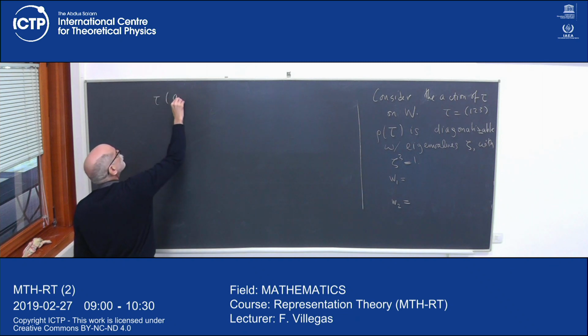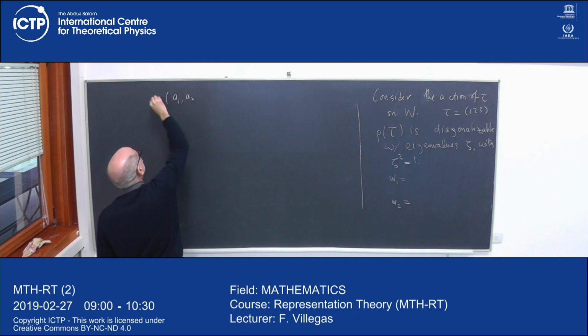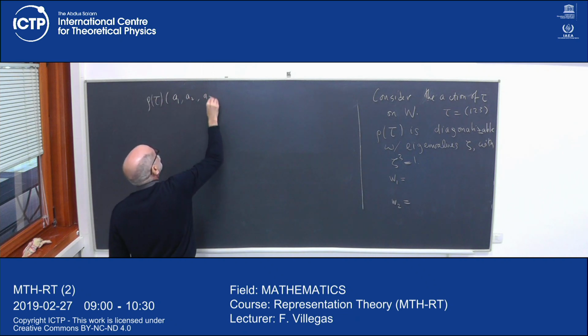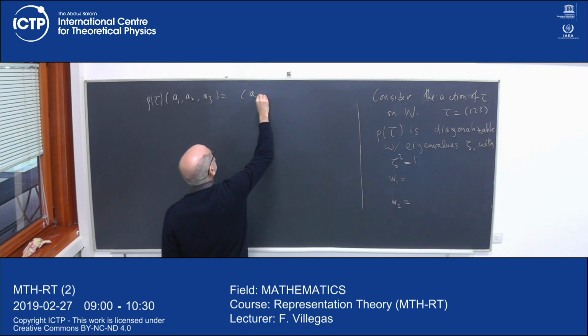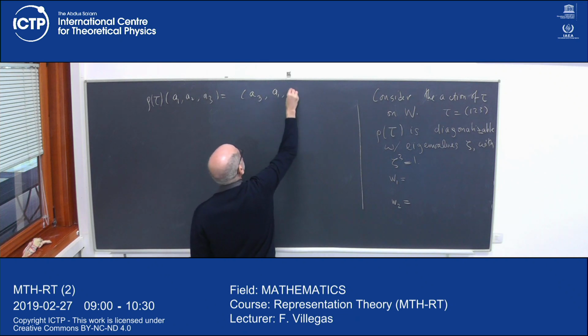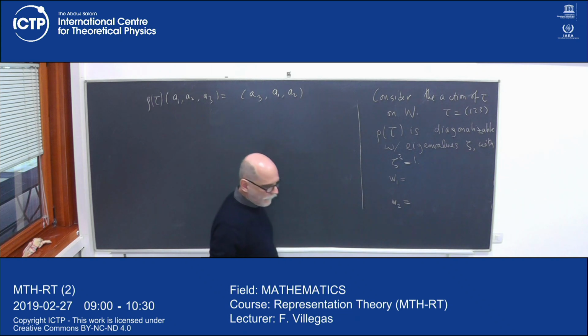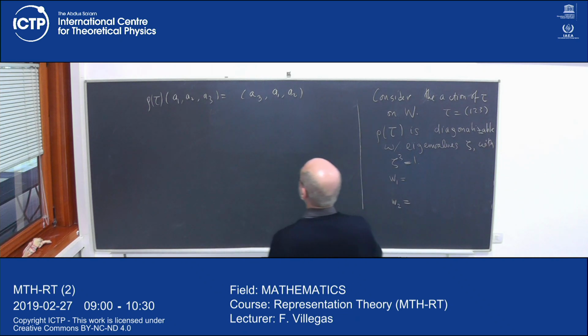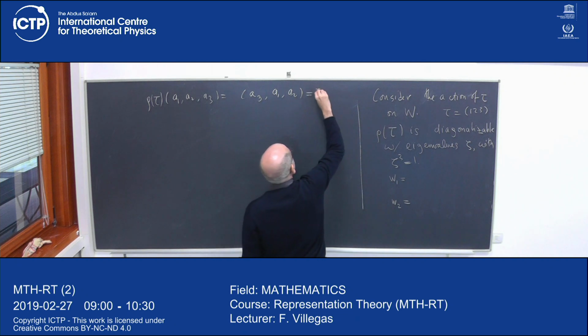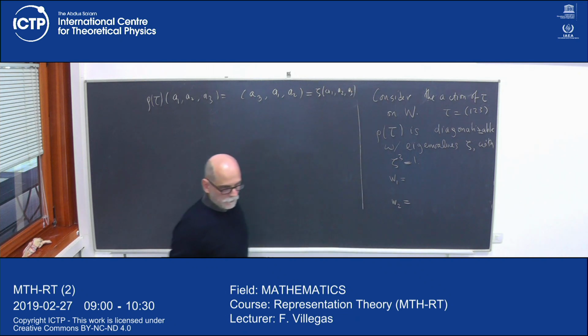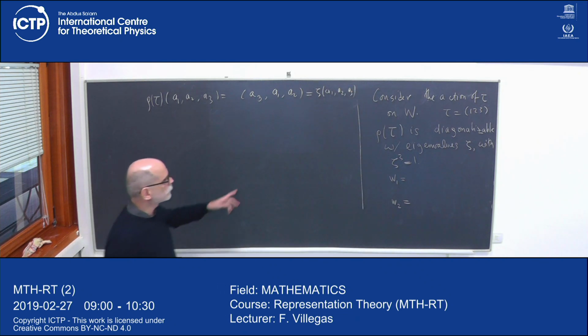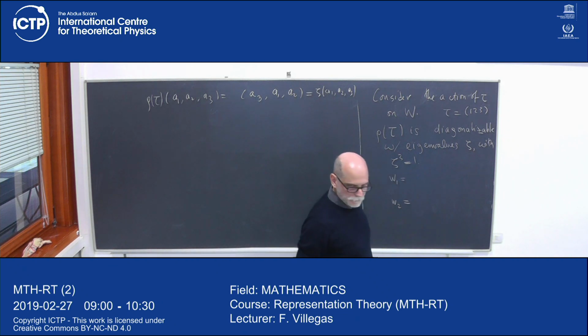So tau, recall, rho of tau on A1, A2, A3 is A3, A1, A2, we said, right? And so what we want is this to be theta times A1, A2, A3 for some scalar theta. We know that scalar has to have a cube that is 1.